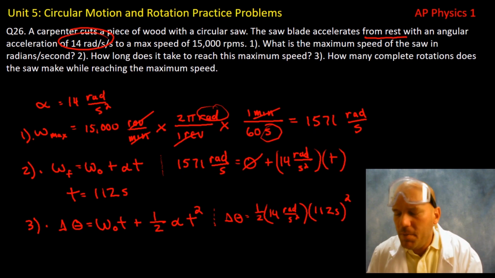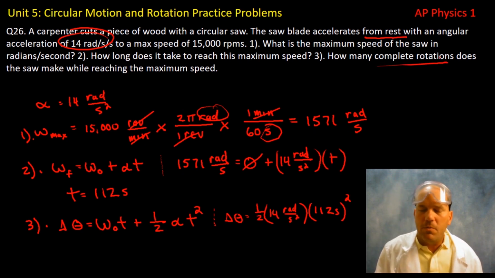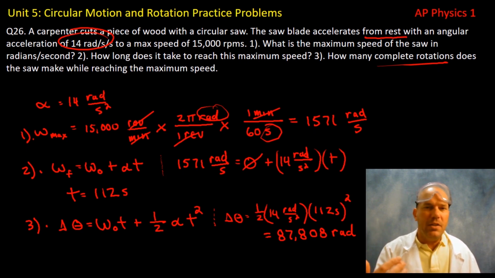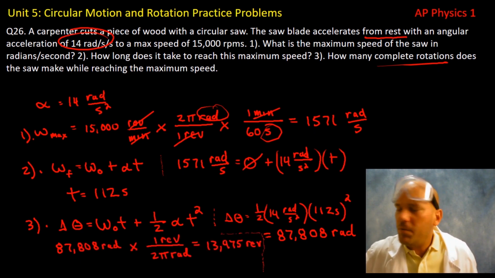But we're asked how many complete revolutions. All right, so we need to do a conversion, as I already alluded to. We get our radians, 87,808 radians. Okay, so let's convert radians into revolutions.